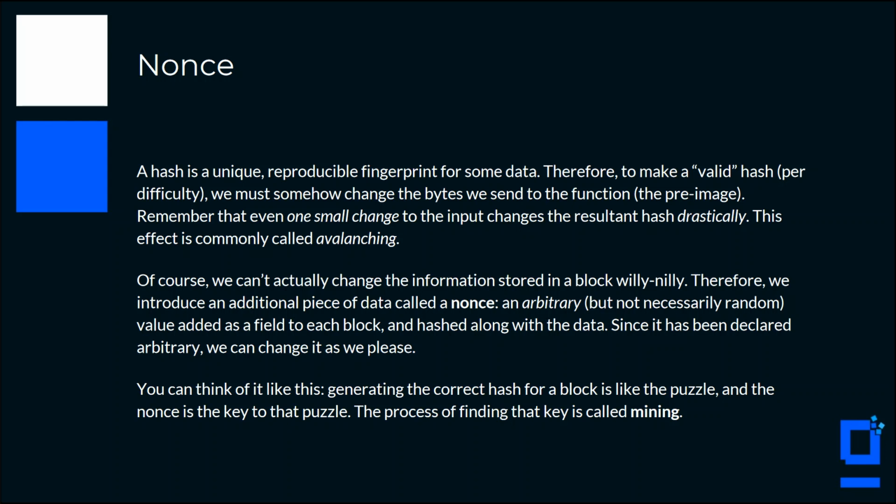We can put whatever we want in there, change it at will, and the idea is that eventually, when we hash it all together, that will generate a hash that matches a difficulty. And so the nonce ends up being kind of like the key to this puzzle, where the puzzle is finding the hash that matches the difficulty, right?